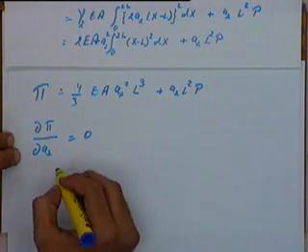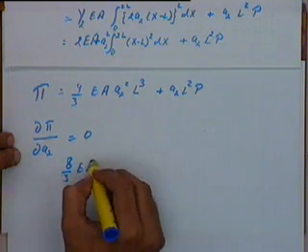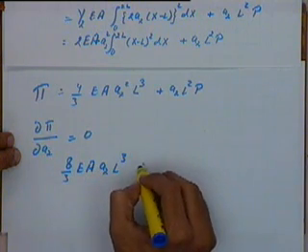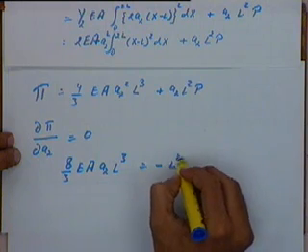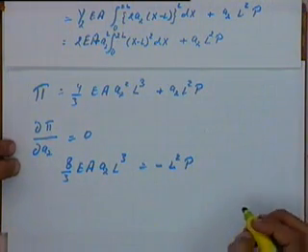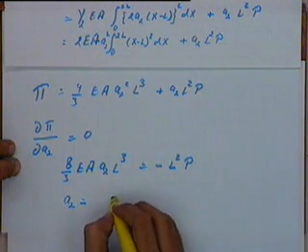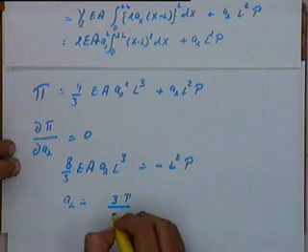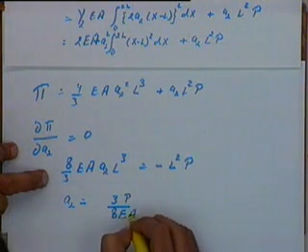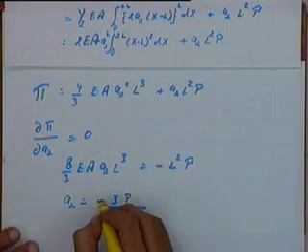Okay, which will give us 8 by 3 EA A2 L cube equal to minus L squared P. Which means A2 will be equal to minus 3P by 8 EA L.